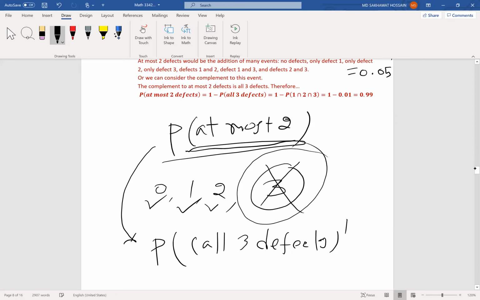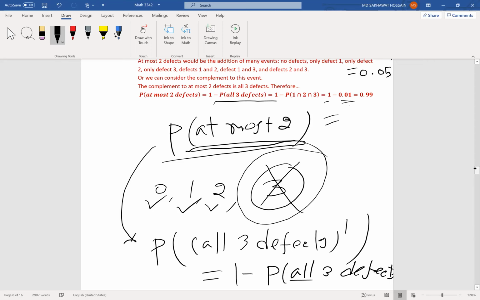So then we can write 1 minus the probability of all 3 defects. And all 3 defects means the intersection of 1, 2, and 3, which is 0.01. So 1 minus 0.01 is 0.99. So this is the probability.